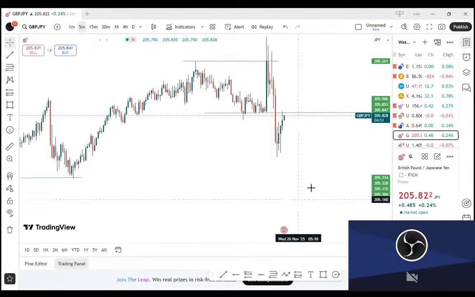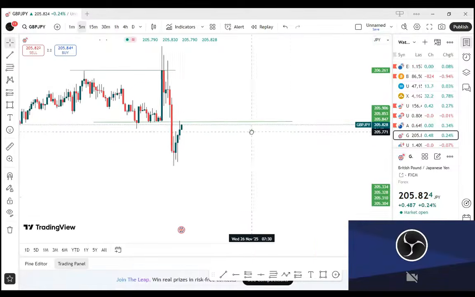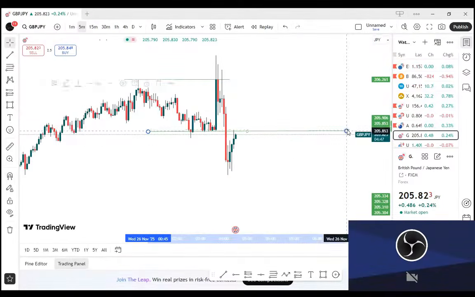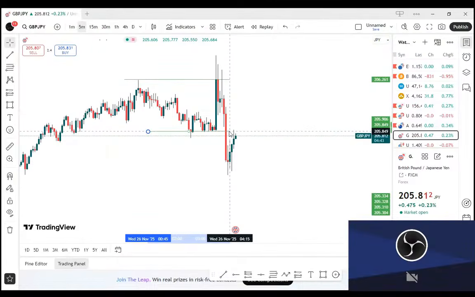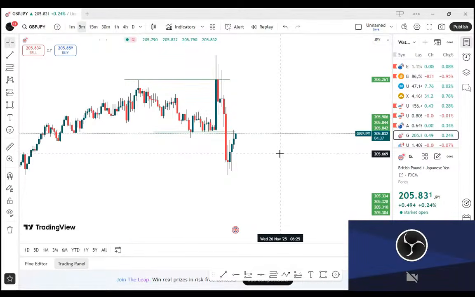Then we're going to remove this, retrace it to this zone.